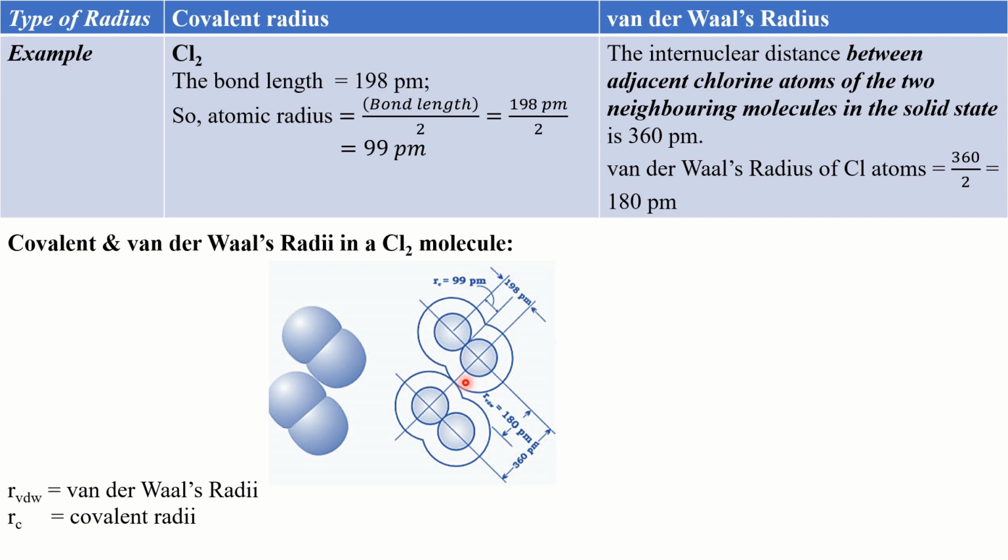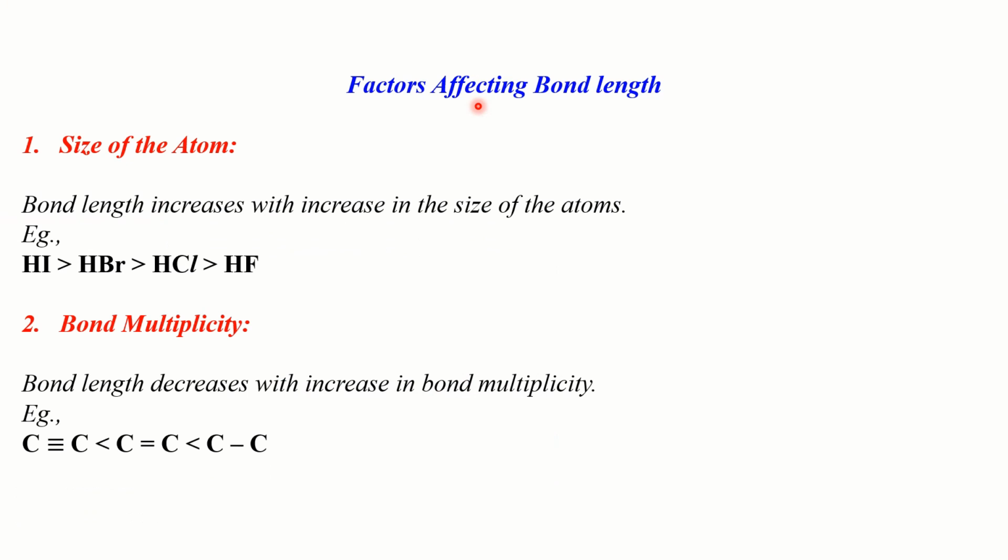So this is about the first parameter, which is bond length. There are two factors affecting bond length. The first one is the size of atoms in a molecule. The bond length of a bond between two small atoms would be smaller than the bond length of a bond between two larger atoms. So bond length increases with increase in the size of the atoms.